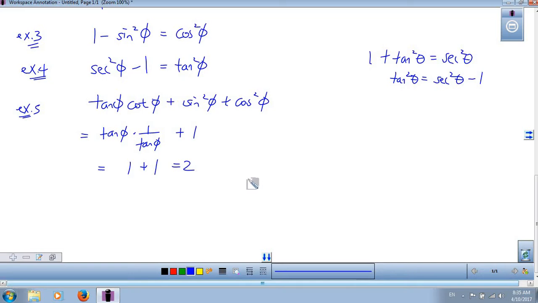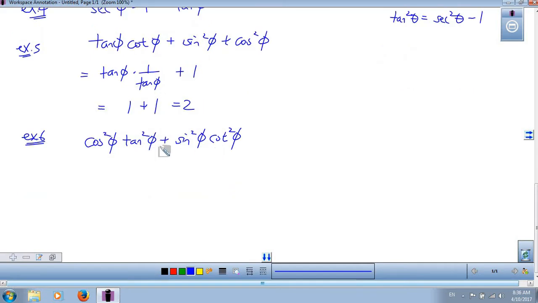So basically we're dealing with some basic expressions, how to simplify trigonometric expressions just using the things that we have talked about. Alright, let's try another one. Cosine square phi times tangent square phi plus sine square phi times cotangent square phi. It doesn't seem like we have a lot of things to do here, but let's go ahead and try to rewrite everything.